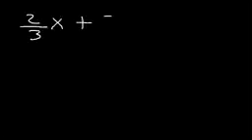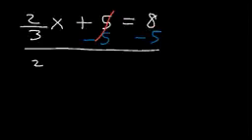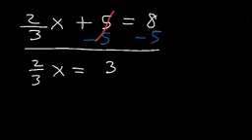Here's another one. What if we have (2/3)x plus 5 is equal to 8? How would you solve for x? The first thing I would do is subtract both sides by 5. So therefore (2/3)x is equal to 8 minus 5, which is 3.